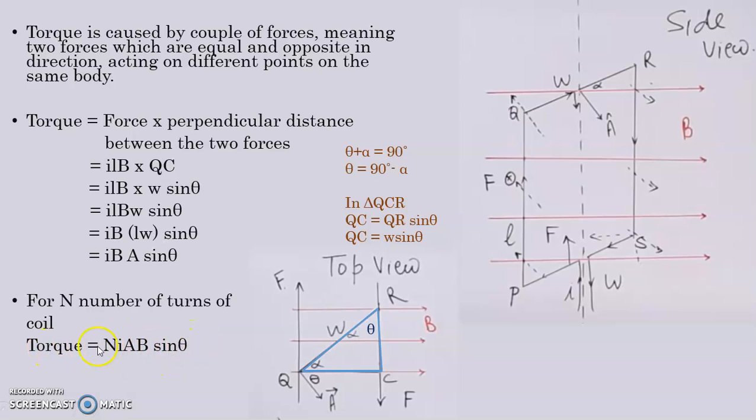This is the formula for torque acting on a coil placed in an external magnetic field, where N is the number of turns of the coil, I is the current flowing through the coil, A is the area of the coil, and B is the magnetic field in which the coil is placed. Theta is the angle between area vector A bar and external magnetic field.